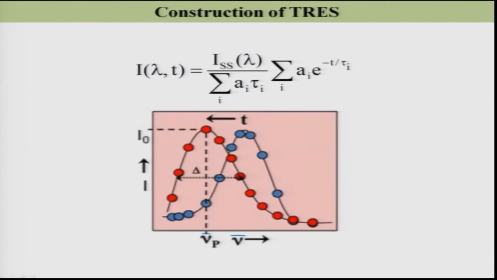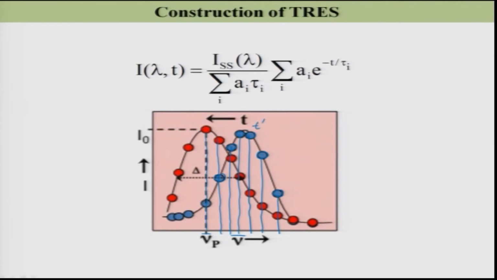Here you see that these intensities are like this for different lambda or different nu bar. These are the corresponding nu bar, as shown here.